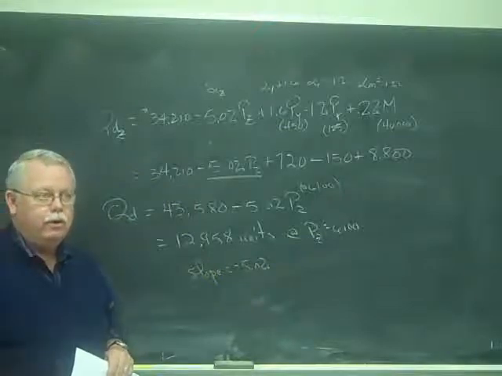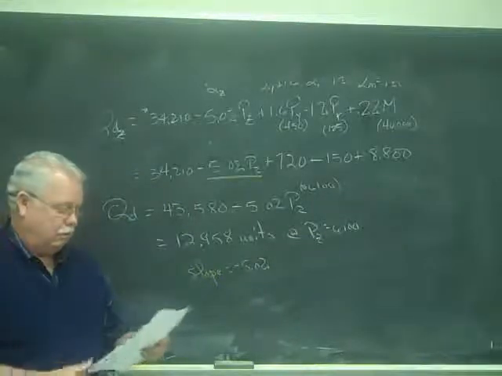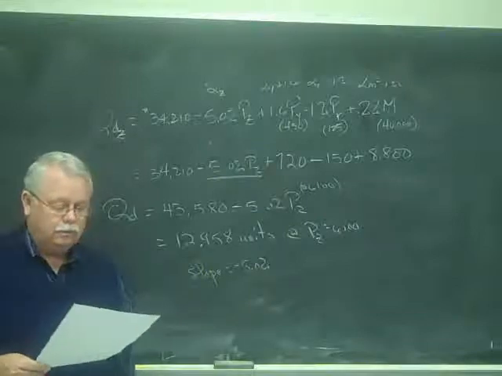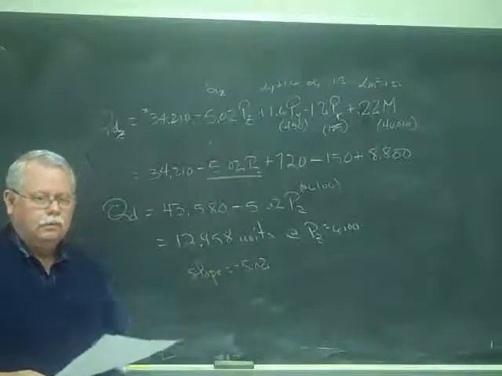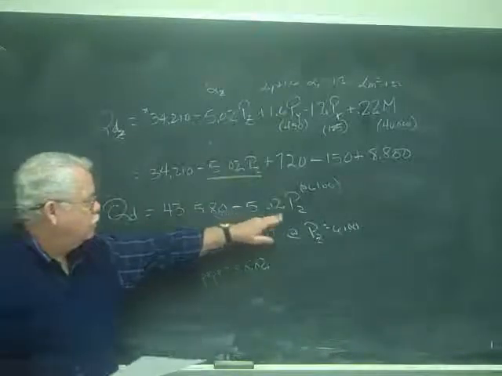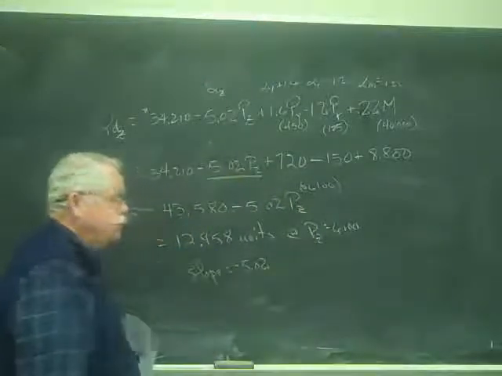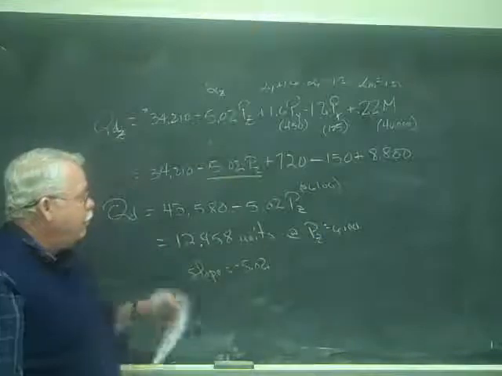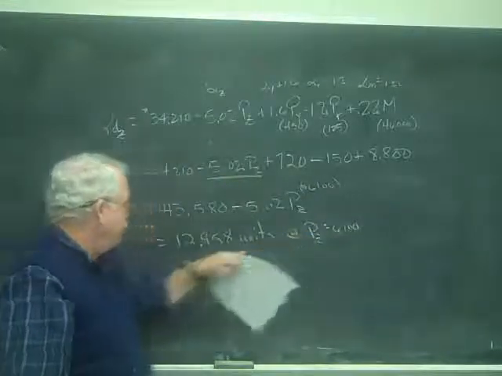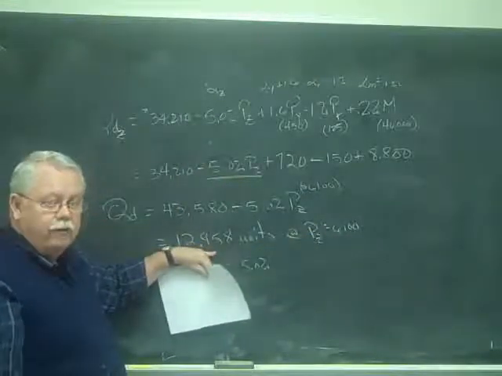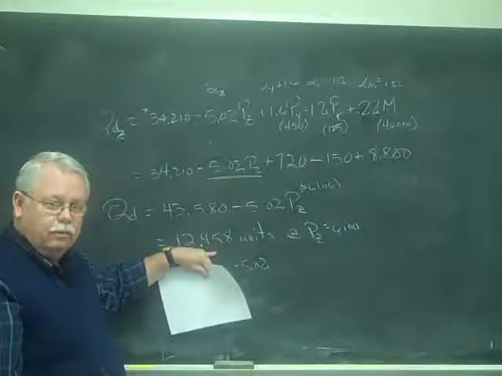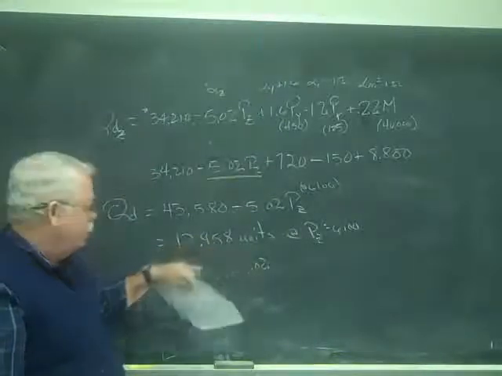Let me know when I can do that. So 43,580 minus 5.02 times PZ, which is 6,100. And when PZ is 6,100, then you are selling 12,958 units. Okay, so PZ is 6,100. Hold on.